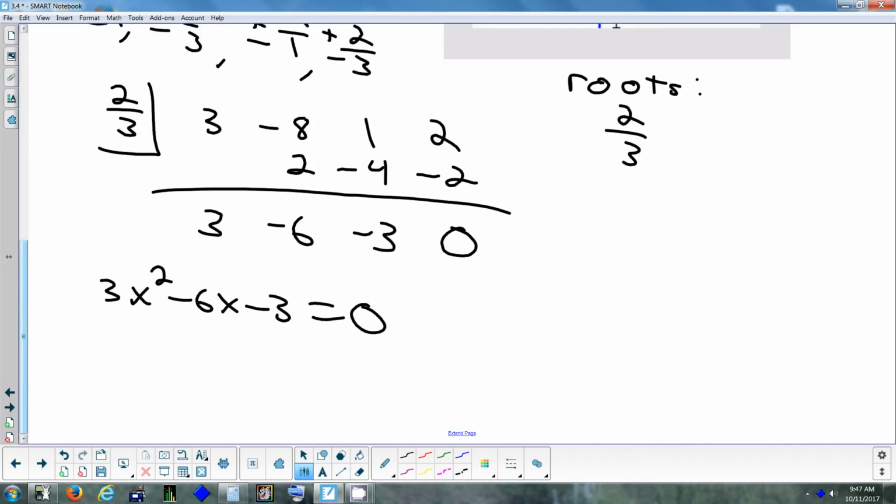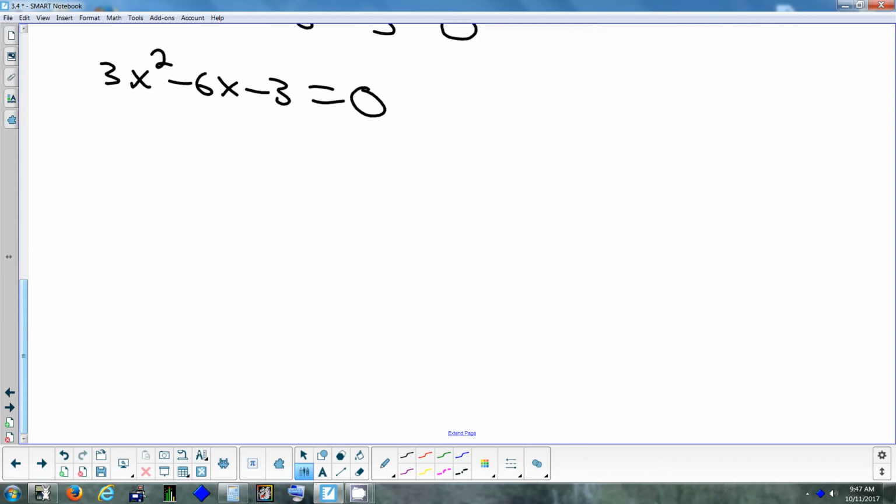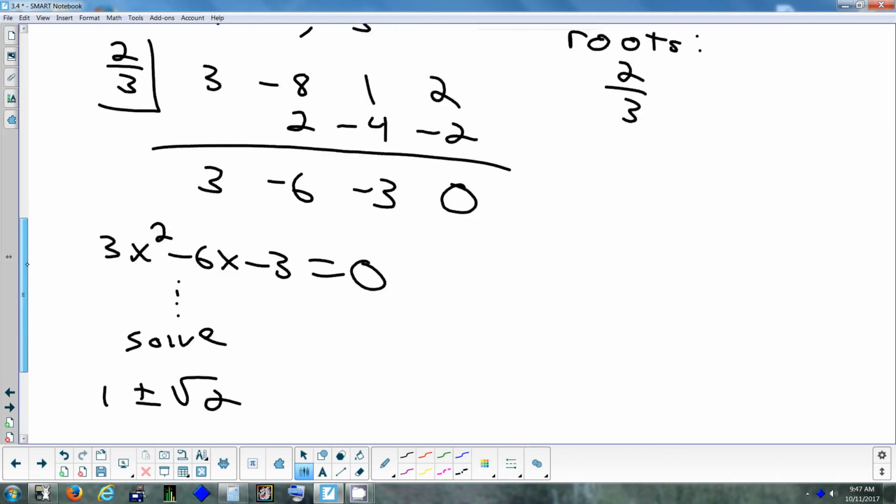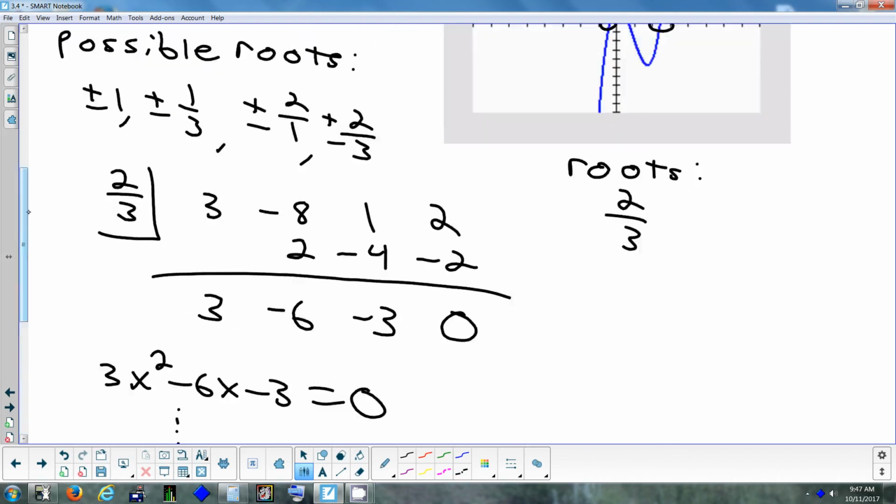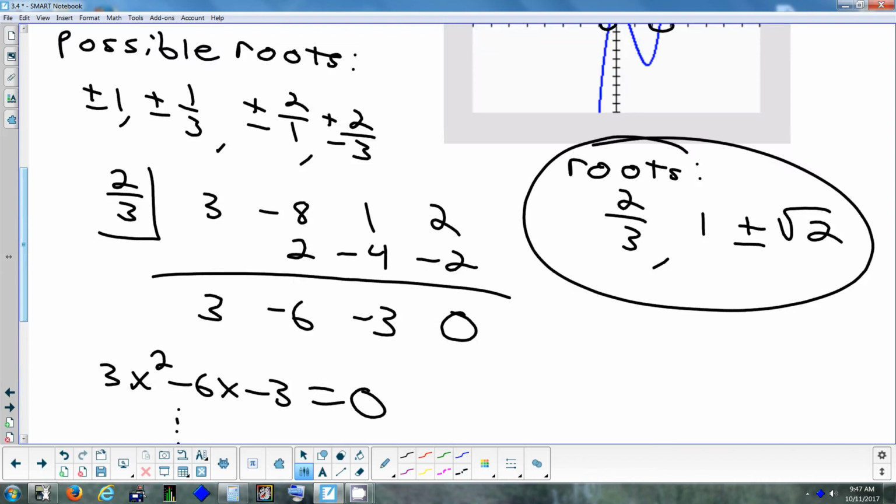Okay, any questions how we got that quadratic? Does anyone need me to go through the quadratic formula? I'll just tell you the answers you would get. So solve it with the quadratic formula and you're going to get 1 plus or minus square root 2. So the 3 roots in this problem are 2/3, 1 plus the square root of 2, and 1 minus the square root of 2.